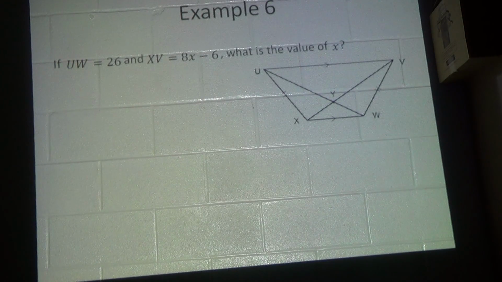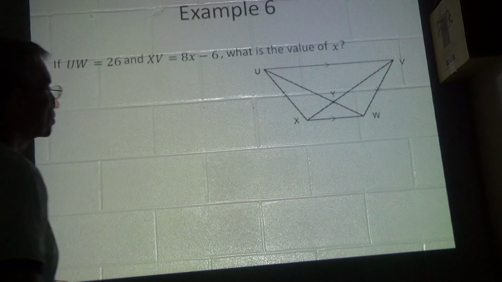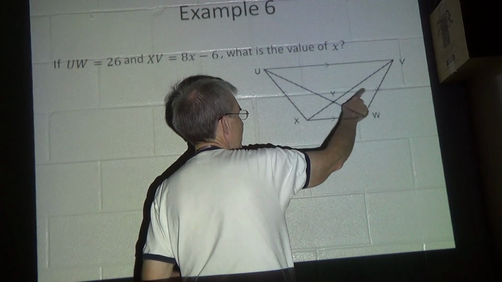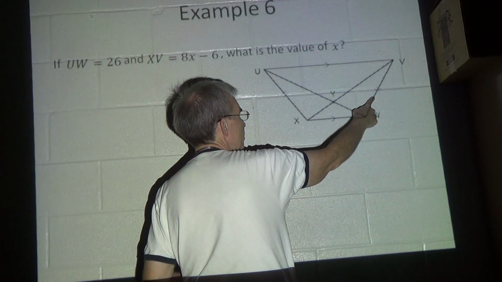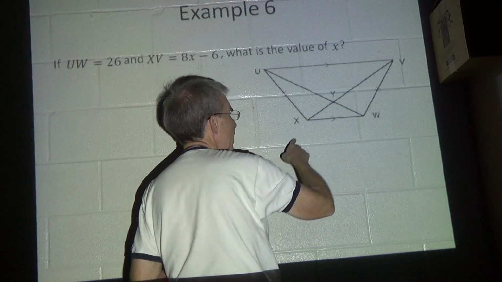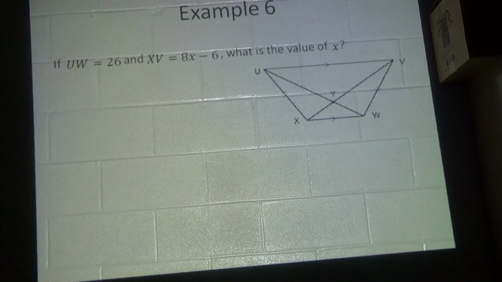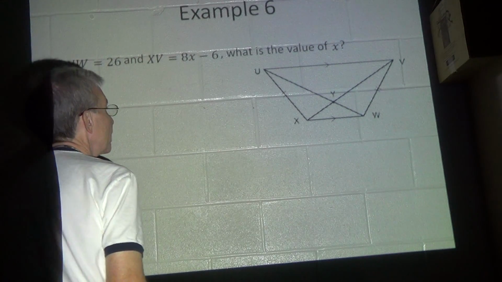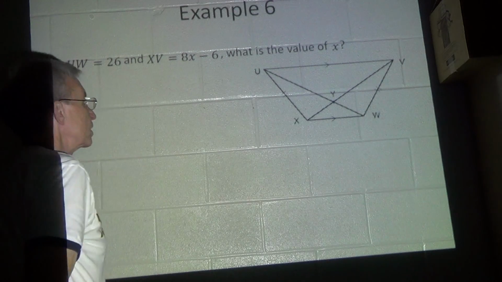Alright, let's look at example 6. We have another big trapezoid. We know it's an isosceles trapezoid because these two legs are congruent, which means these two diagonals have to be congruent as well. They're telling us that UW, which is this diagonal here, is equal to 26, and that XV is equal to 8x minus 6.